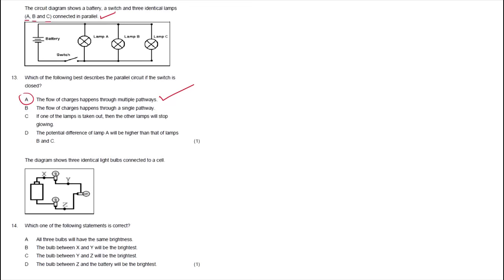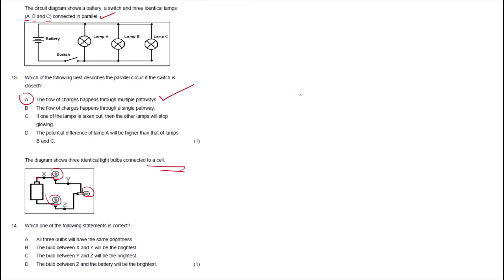Question 14, we can see here that the diagram shows three identical light bulbs connected to a cell, right? The question is saying, which one of the following statements is correct?